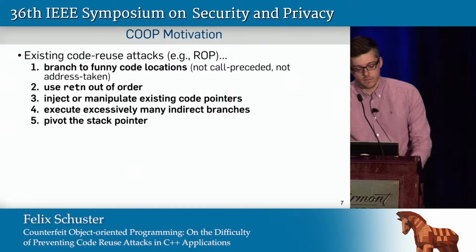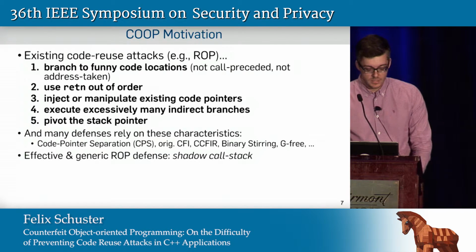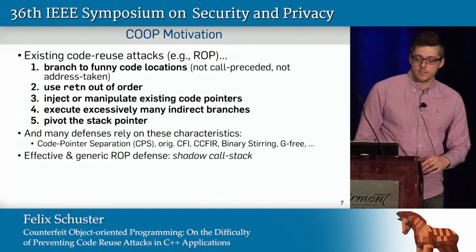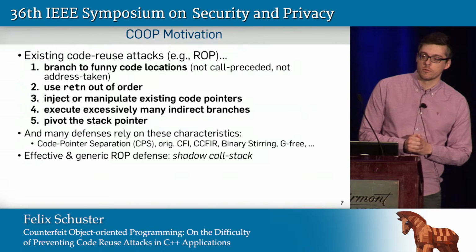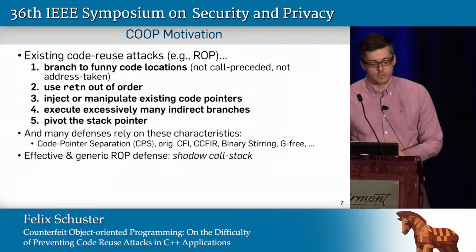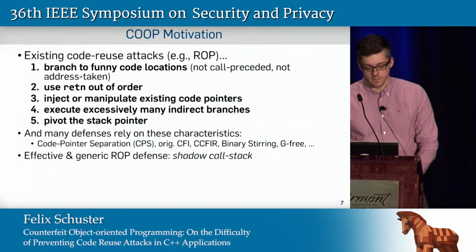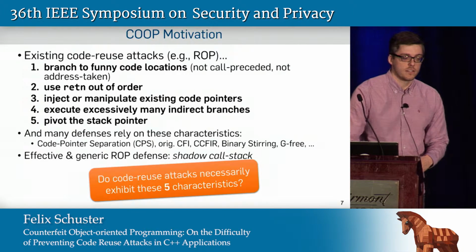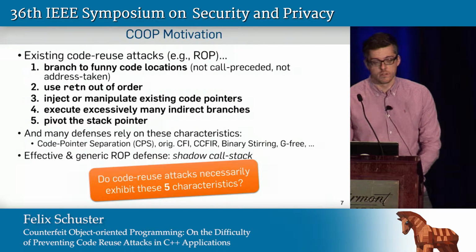They execute excessively many indirect branches, or they pivot the stack pointer. And many defenses rely on these characteristics. And in essence, it is sufficient to maintain and enforce a shadow call stack in order to fend off all ROP-based attacks. And our initial question was, do code reuse attacks necessarily exhibit these five characteristics?